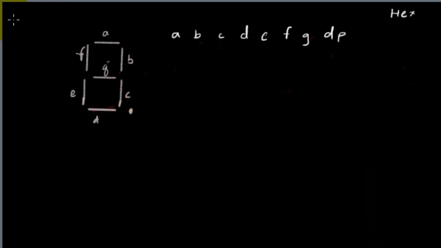And if you assume that this is a common cathode type of display, so we know that whenever we give a logic 1, the segment turns on. So in this case, we need to turn on all the segments except the segment G and the decimal point. So this would be 0, 0, and all other segments would be 1. And it is often useful to write this pattern in hex.